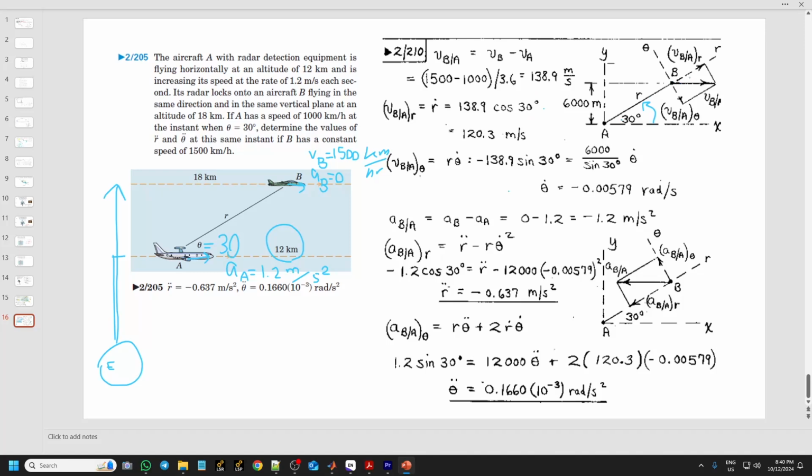It will be VB over A cos 30 for r dot, and the other one will be sine theta, but it is minus, because always remember the positive one will be these directions. This is the positive for r dot, this is the positive for r theta dot.